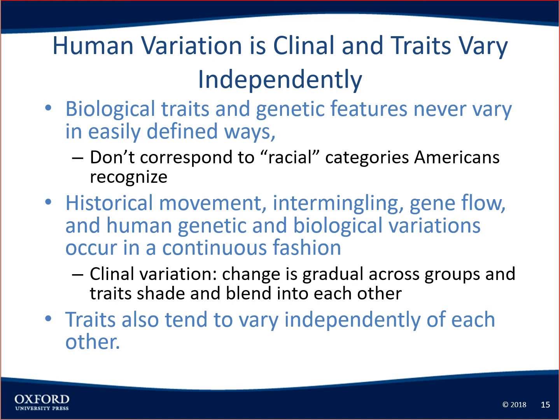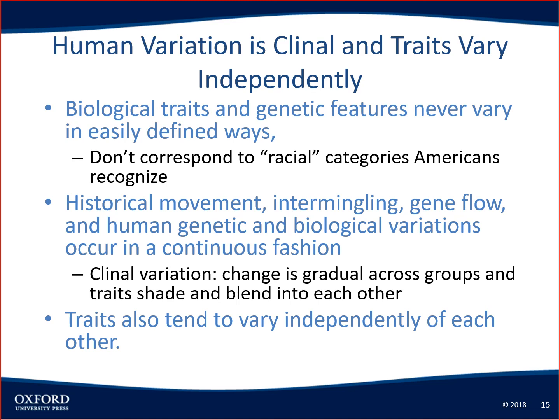So, biological traits and genetic features never vary in easily defined ways. They don't correspond to racial categories that Americans recognize. Through historical movement, intermingling, and gene flow, human genetic and biological variations occur in a continuous fashion.